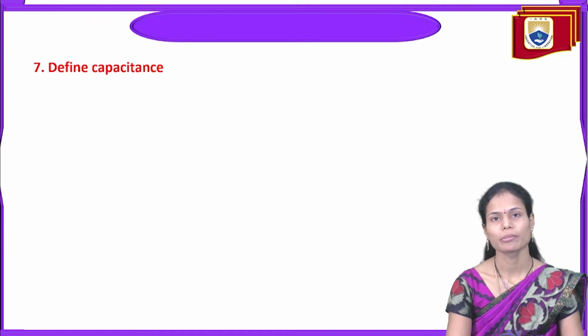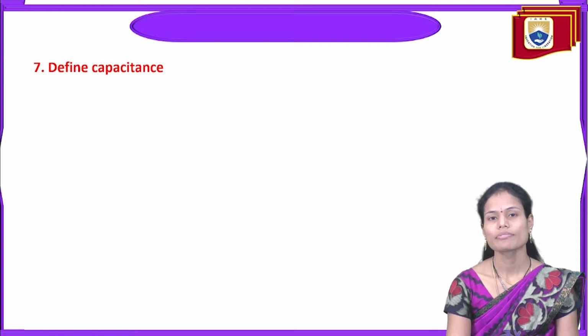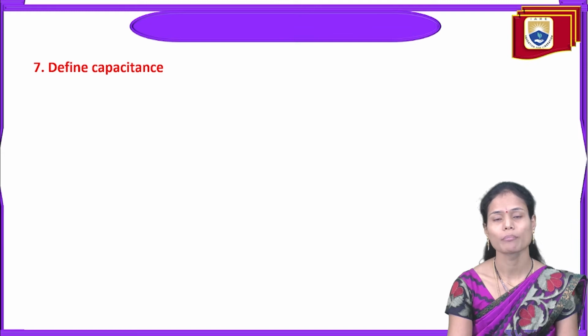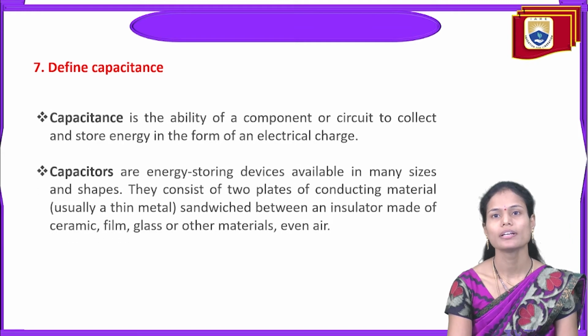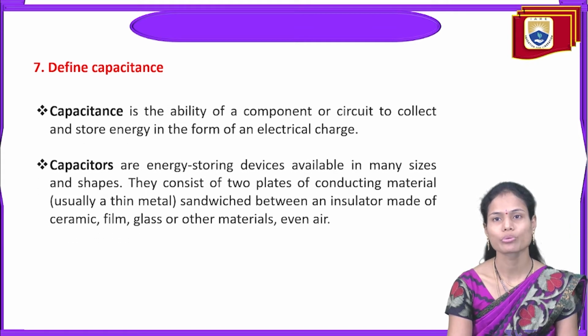And the next parameter is define capacitance. In the case of an inductor, it stores energy in the form of a magnetic field. Similarly, a capacitor is used to store energy in the form of an electric field. That is the basic difference between inductance and capacitance. Capacitors are also available in different sizes.